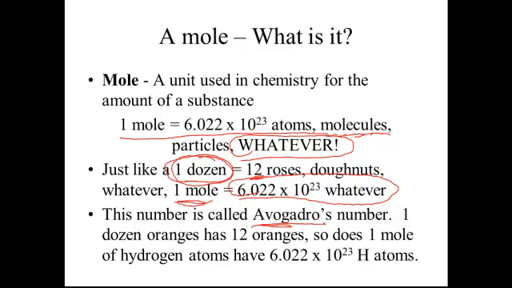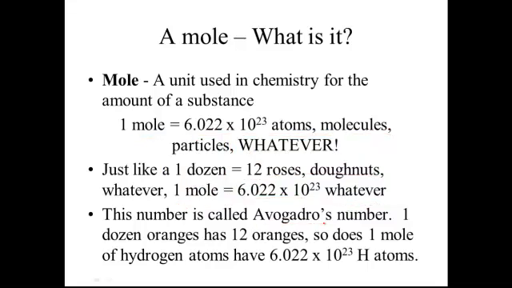It's something that we're going to use quite a bit in the next couple of months, and something that we need to be very familiar with. And so here is our conversion: 1 mole is equal to 6.022 times 10 to the 23rd, whatever. Sometimes I will not put the last 2 on there. Sometimes I just put 6.02 times 10 to the 23rd, but certainly either way should be fine.